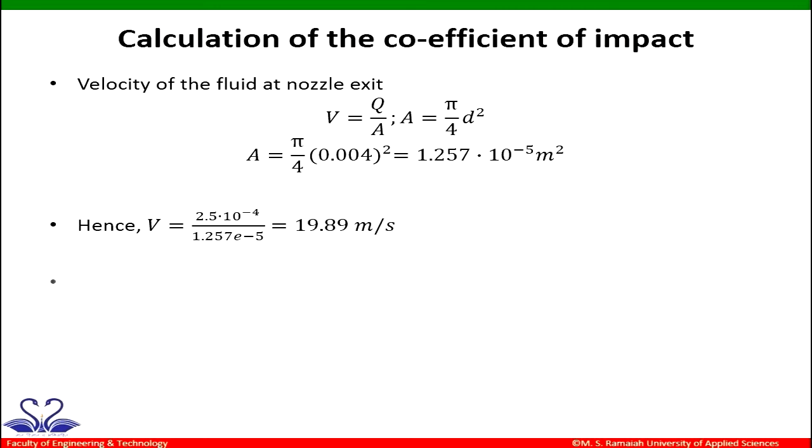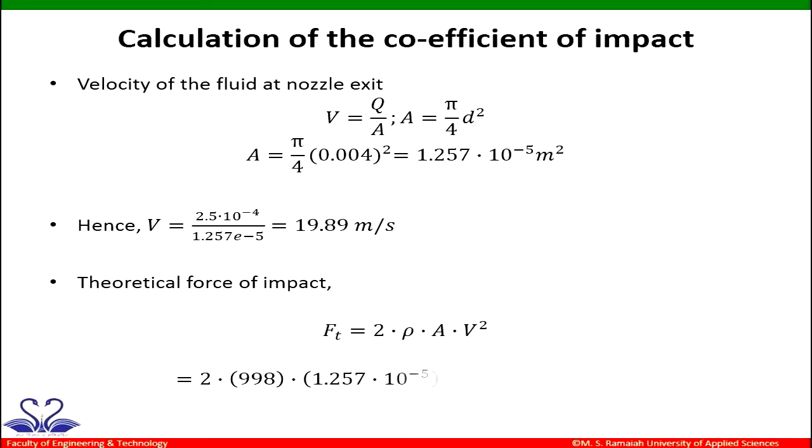The theoretical force of impact for a curved vane with theta equal to 0 is 2 times rho times area times the square of the velocity. Further, by calculating, we arrive at a theoretical force of 9.93 newtons.